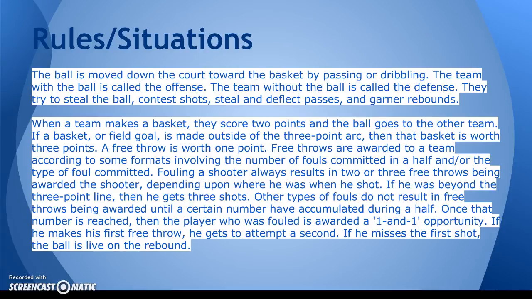Other types of fouls do not result in free throws being awarded until a certain number of accumulated fouls happen during one half. Once that number is reached, then the player who was fouled is awarded a one-and-one opportunity. If he makes his first free throw, he gets to attempt a second. If he misses the first shot, the ball is live on the rebound.